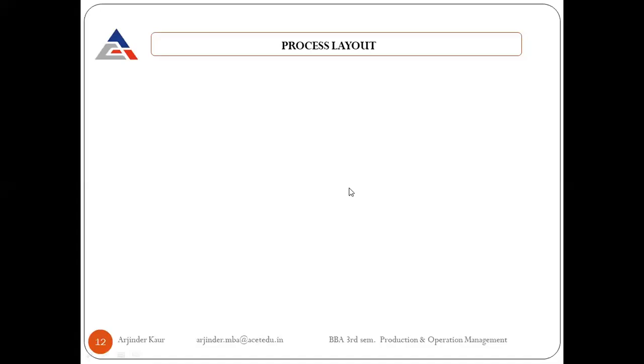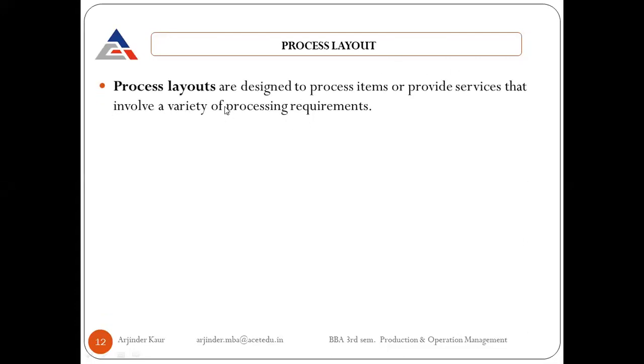The next layout, the second type of layout that can be used, is the process layout. Process layouts are designed to process items or provide services that involve a variety of processing requirements. This type of layout is more suitable for industries wherein a lot of processes have to be performed to get the finished product.